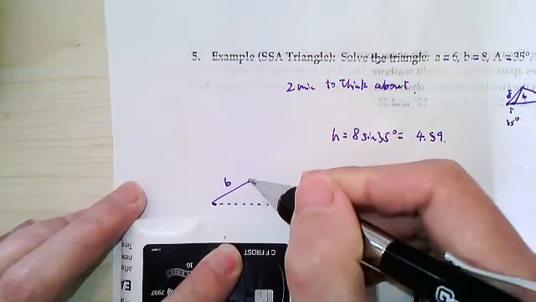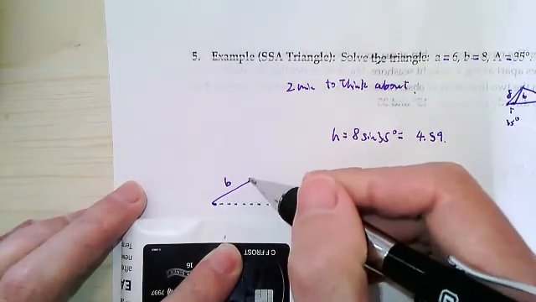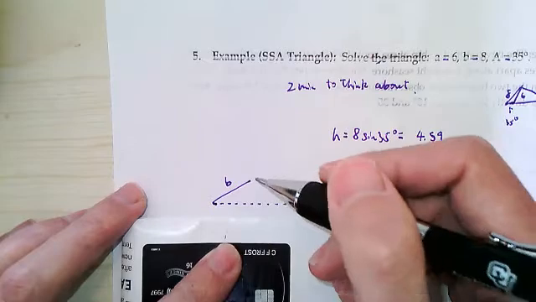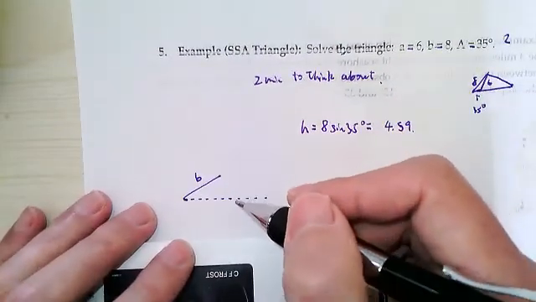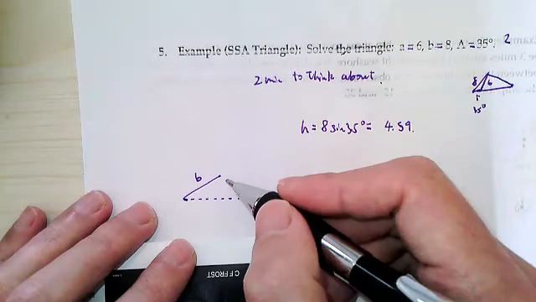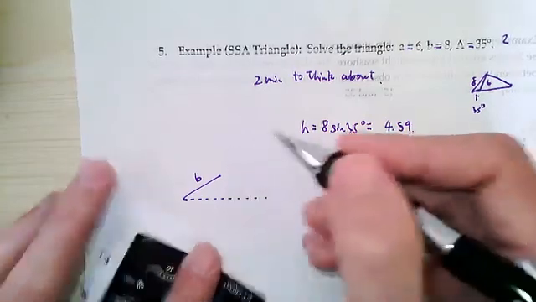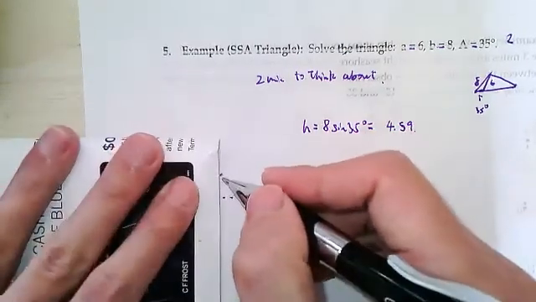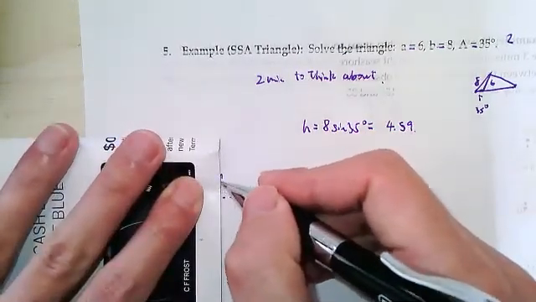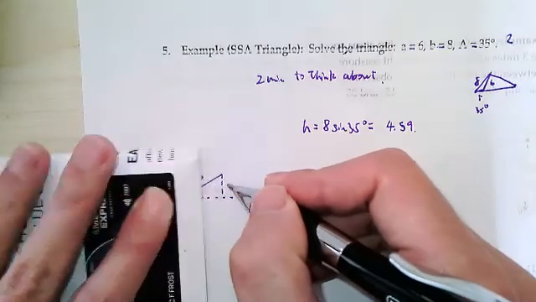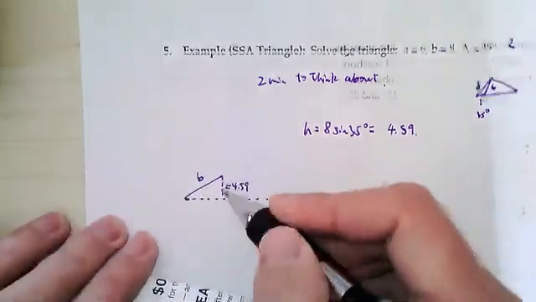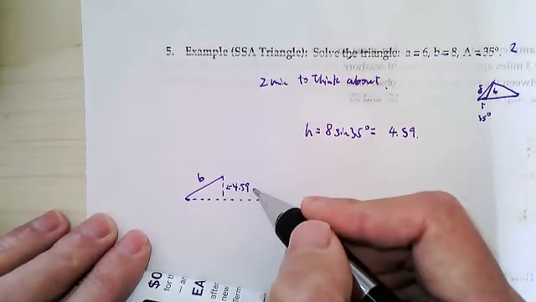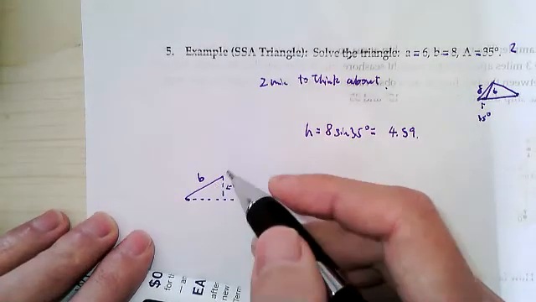You can attach the line from here to here or here to here. So here's the height. Height is 4.59 and B is 8.